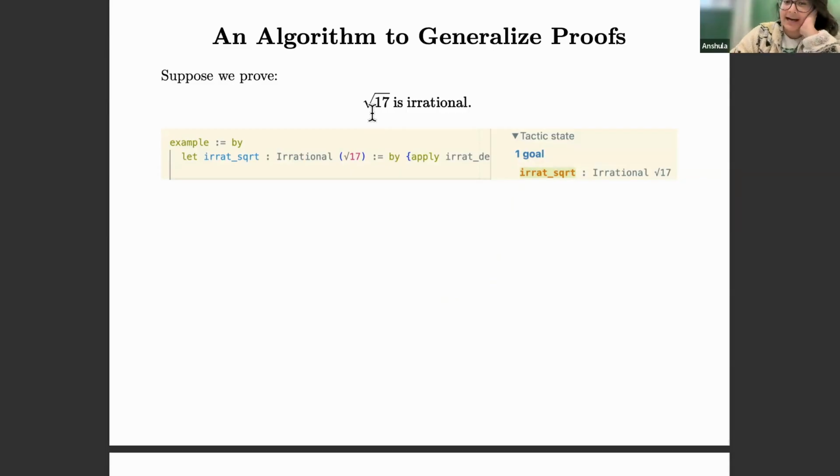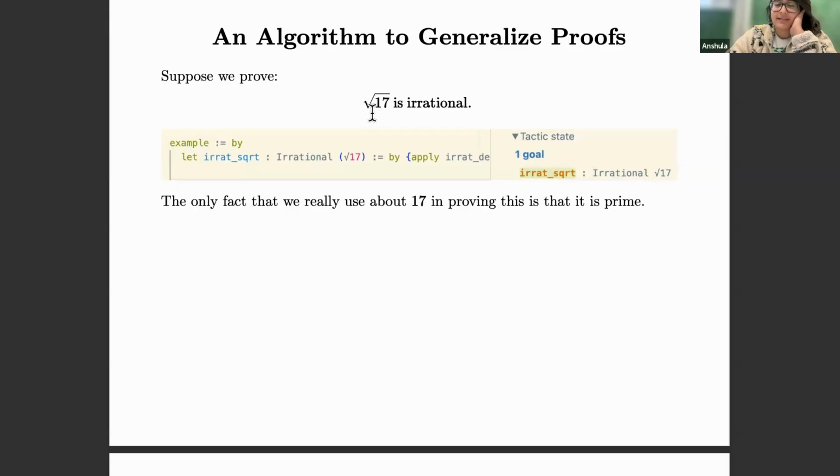So suppose that we have a formalized proof that the square root of 17 is irrational. And suppose you prove this in the way you'd sort of expect, where you say the square root of 17 is equal to A over B, where they're in lowest terms, they don't share any common factors, and you ultimately get a contradiction.